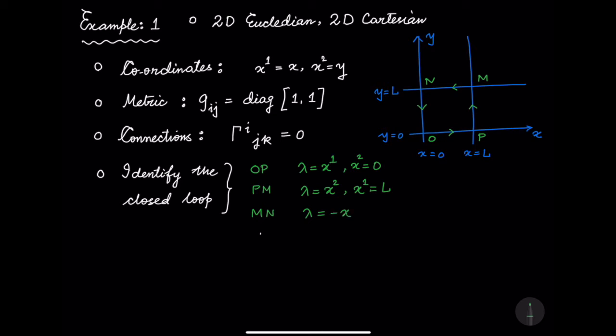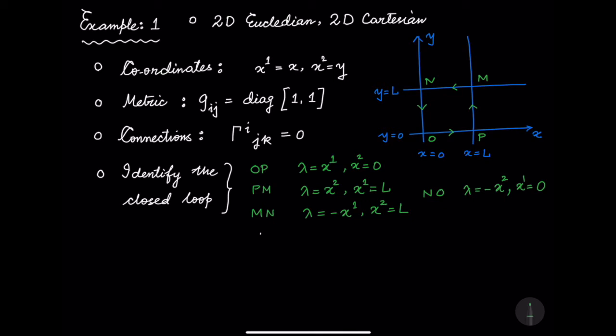So I should call it minus x1, and here x2 remains fixed at L. And the last one I have is N to O, where lambda is minus x2 and x1 now remains fixed at 0. So these are the 4 curves along which we would like to do parallel transport.